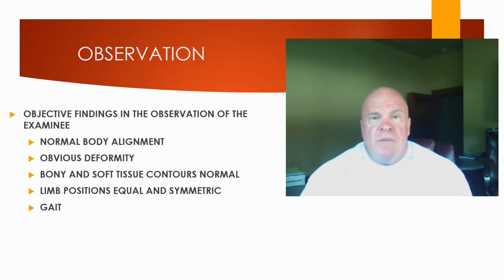So some obvious gait disturbances that are described in the AMA Guides include an antalgic gait, a Trendelenburg gait, a drop foot gait. And if you're familiar with gait observations, these are some readily detectable observations of gait or gait disturbances that even a novice can ascertain.